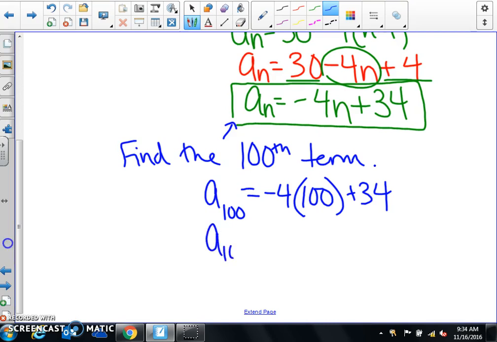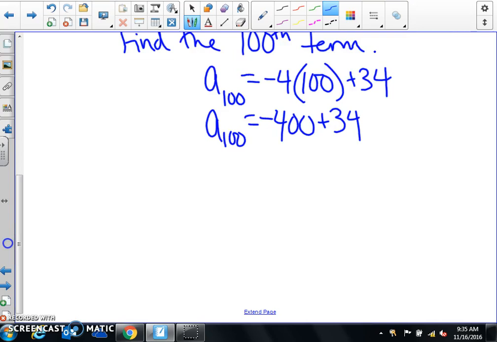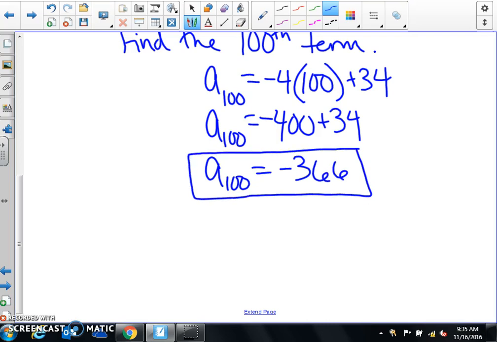Okay, so a sub 100 equals negative 4 times 100 is negative 400. And negative 400 plus 34. And if you're wondering what I'm doing, I'm grabbing my calculator right now because I don't want to make an error. So a sub 100 equals negative 366. So that's my 100th term in this sequence.